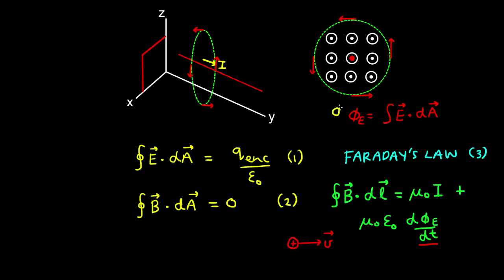So if we have a change in electric flux through that loop, or a changing electric field, then that's going to produce a magnetic field. So note that, for example, if a charge was stationary, then the electric field will be static. So a static electric field does not produce a magnetic field.